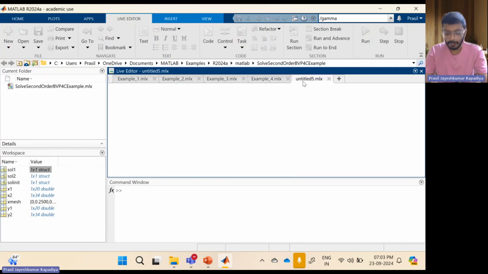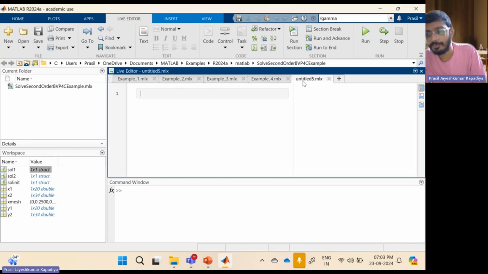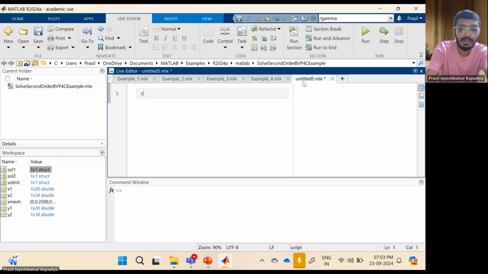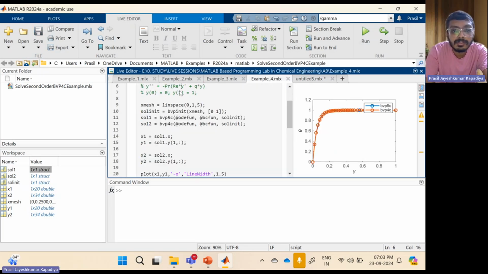I will write clear all, clc. So my equation is d square T by dx square, so T double prime.